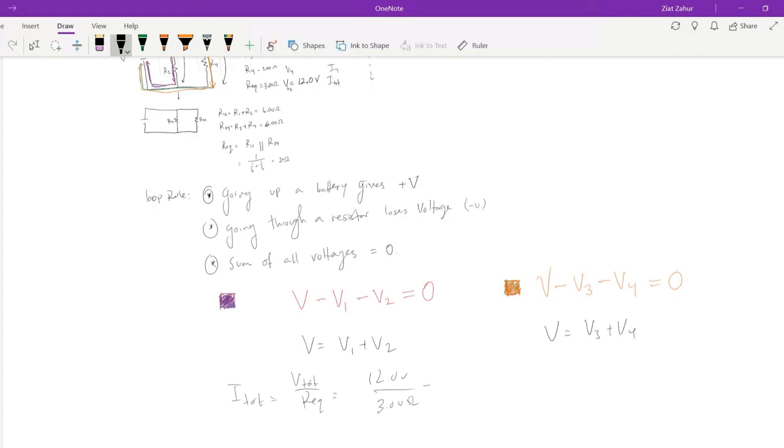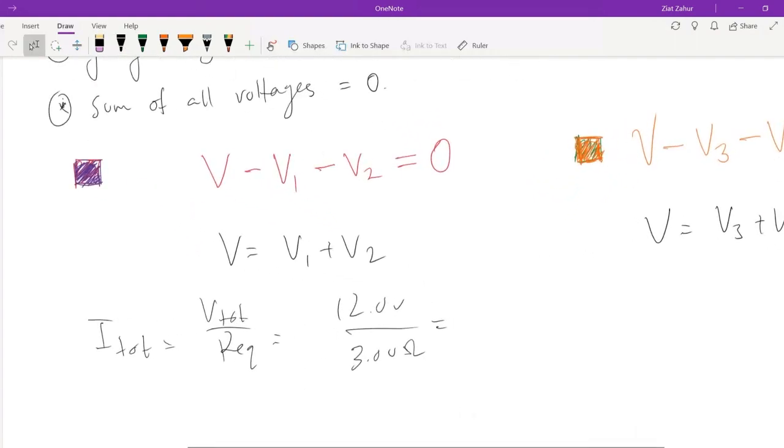Yeah, I used nice numbers that divide well this time. So 12 volts divided by 3 ohms. There we go. 12 divided by 3, that's 4. So that's 4 amps of current.